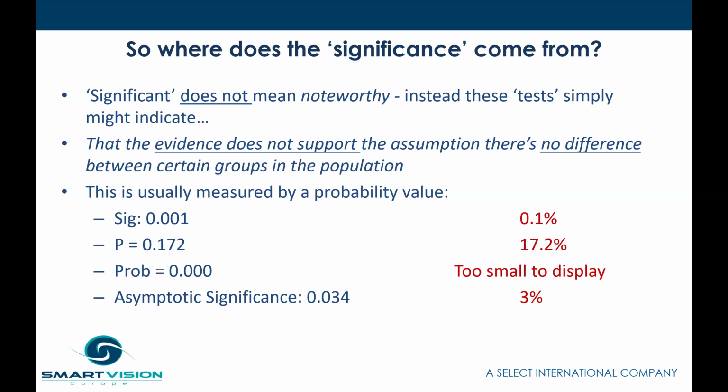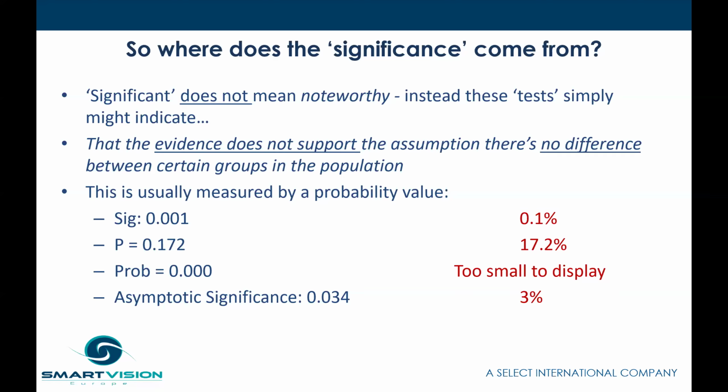A value of 0.001 in a significance test, or P value, equates to 0.1%, a 0.1% chance or 0.1% likelihood. Whereas a value of 0.172 equates to 17.2%. And the probability value of 0.000 does not mean zero, does not mean there's no chance. It never means there's no chance.